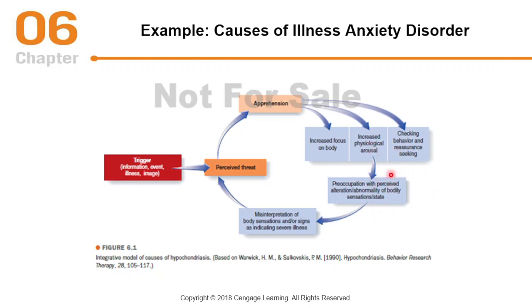And then, preoccupation with the perceived alteration or abnormality of the body sensations or state. So, let's say, for example, especially for girls, they would feel this one. There are instances na mas tumataas yung temperature ng babae, especially when ovulating.